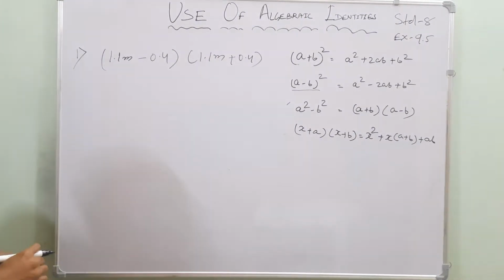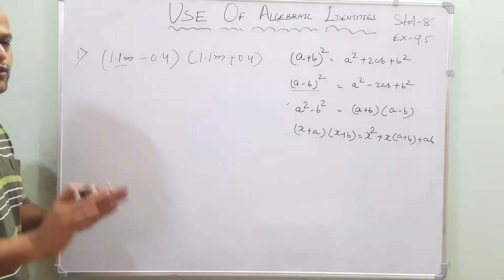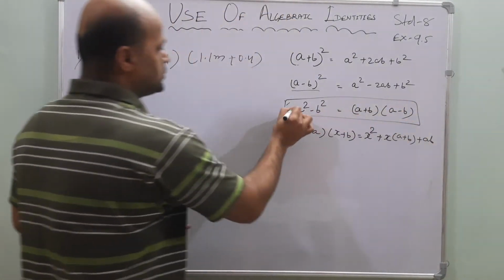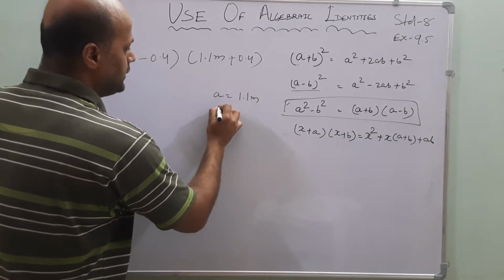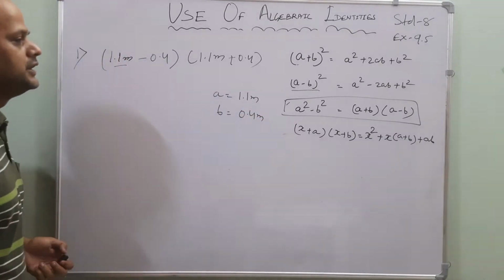Who will tell me here what is that? One plus, one minus is there. In which formula is one plus, one minus there? Only this formula. So first, a is equal to what? 1.1 m. b is equal to what? 0.4 m. (a + b) into (a - b).